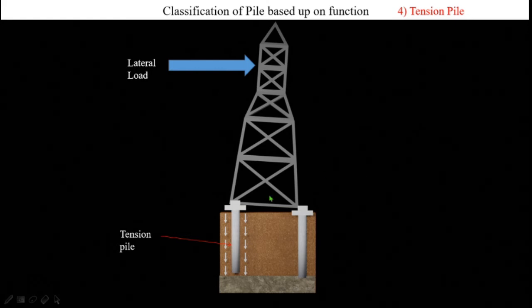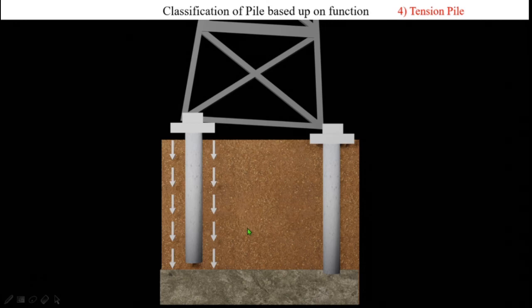When the tension is developed, this tension in the pile is resisted by the friction. It is not being resisted by the end bearing action. It is only resisted by the friction. And that is why, if you pay attention, you will realize that the direction of the friction is vertically downward. In the earlier friction pile, what we had seen, the direction of the friction is vertically upward.